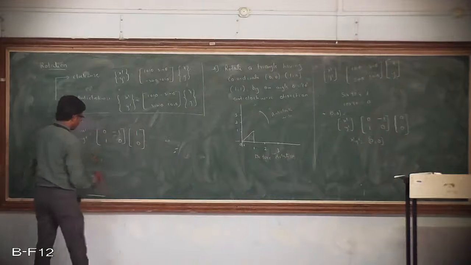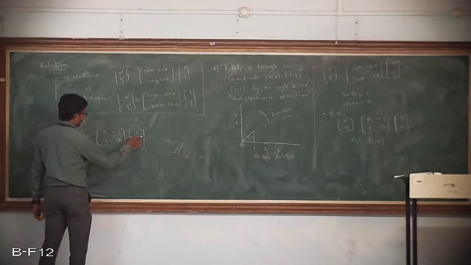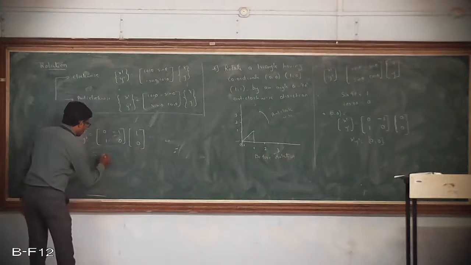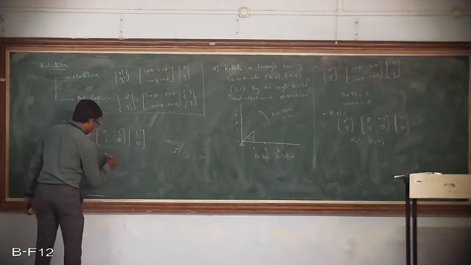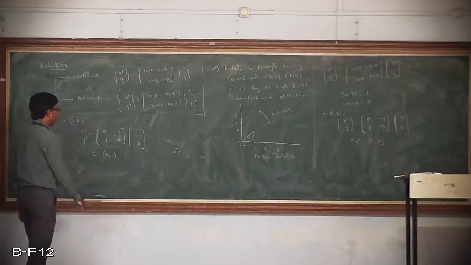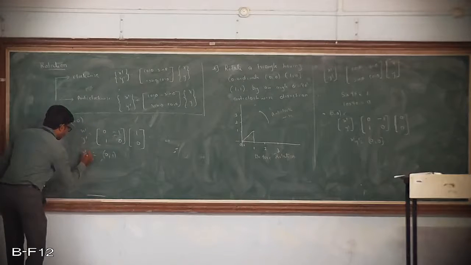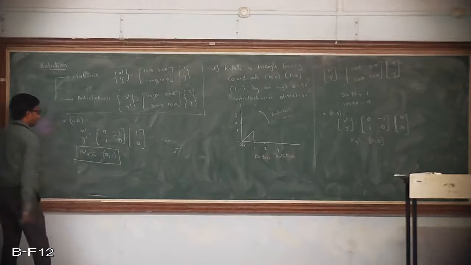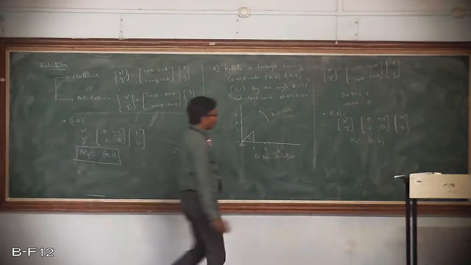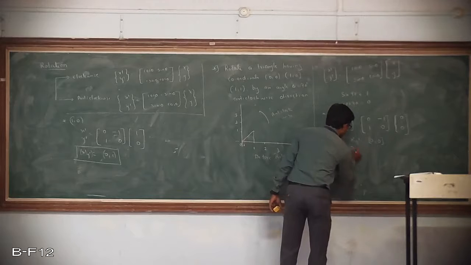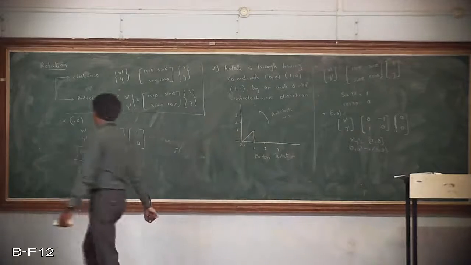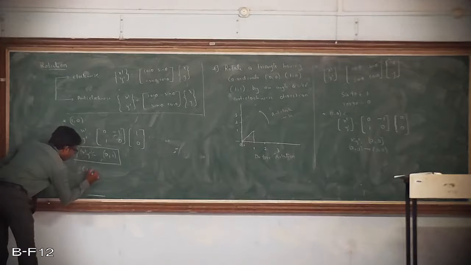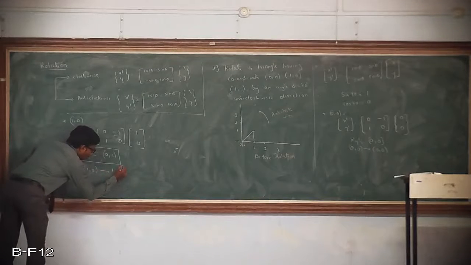If we cross multiply that, 0 into 0 is 0, minus 1 into 0 is 0, so we'll be getting 0 as a coordinate, 1 into 1 is 1, so 0 comma 1 will be your second coordinate, x dash y dash. Which means that the shift was from 0 comma 0 to the same 0 comma 0. Here the shift from 1 comma 0 is taken to 0 comma 1.